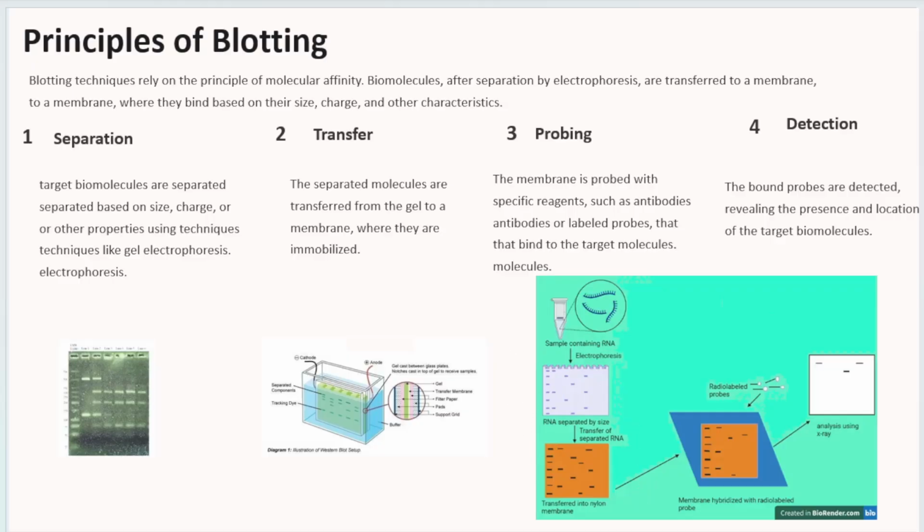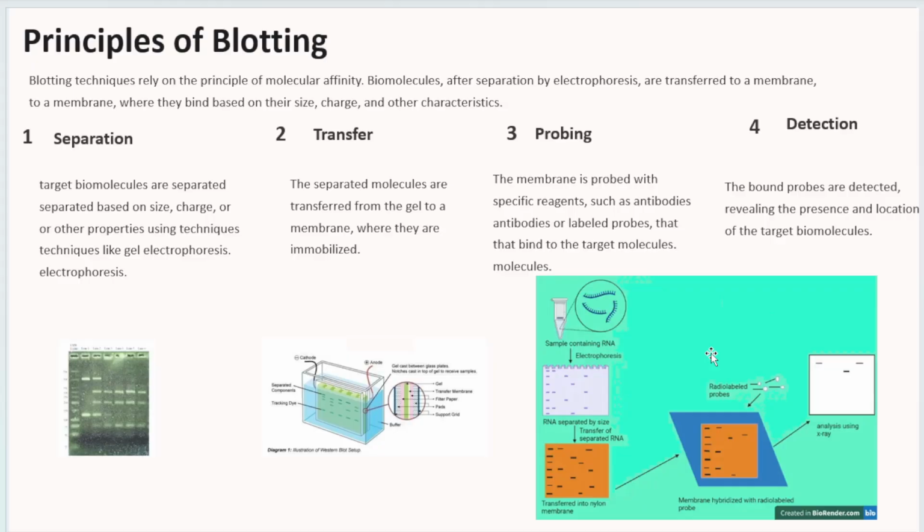Now we have nitrocellulose membrane, nylon membrane. So now in the given bands of DNA, RNA, or proteins, we have our protein or our DNA of interest. Now, how do we detect it? We have a probe, radio labeled probes.